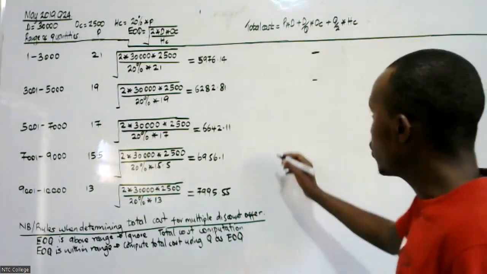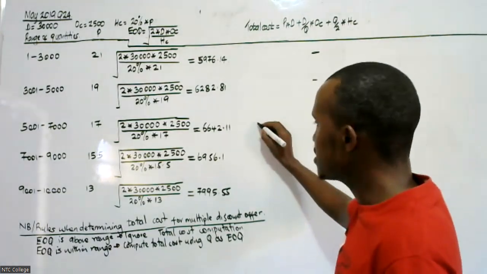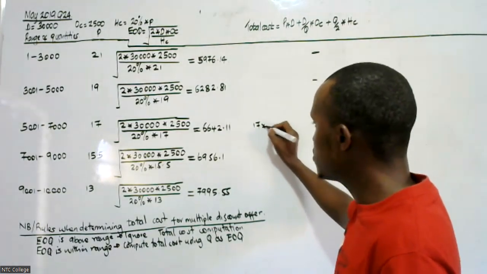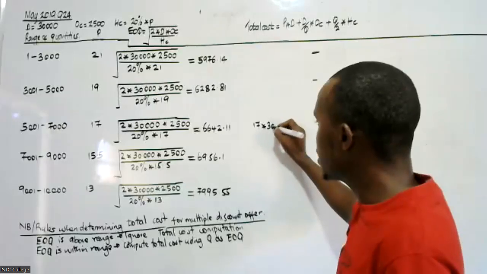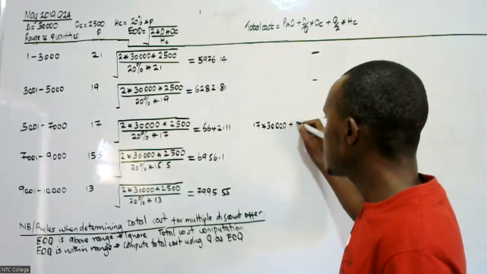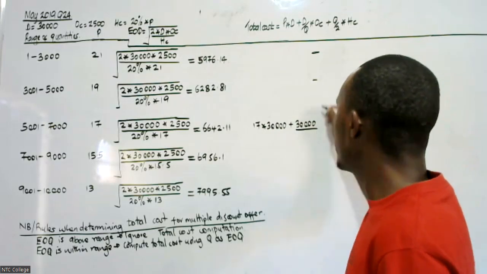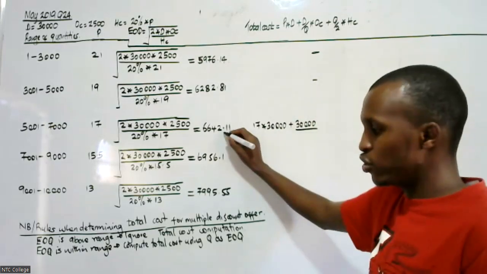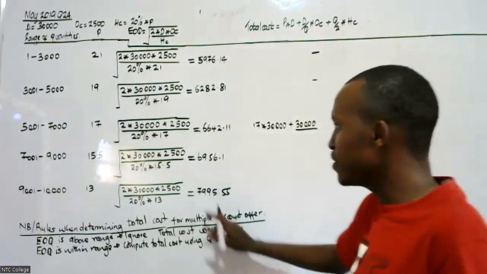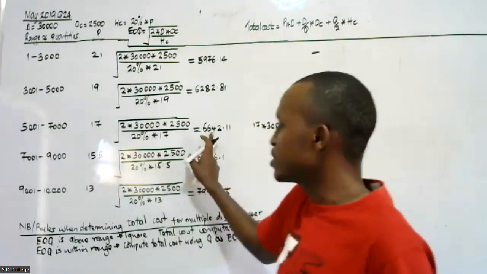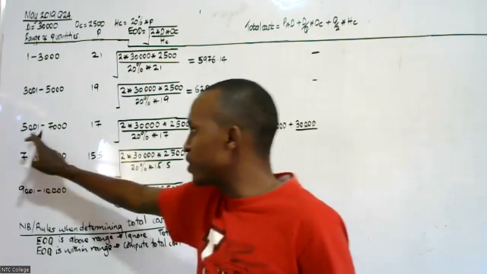And therefore, your total cost will be the purchase price of 17 times your annual demand of 30,000, plus 30,000 divided by Q, which is your economic order quantity. We are saying 6,642.11 is within the range.